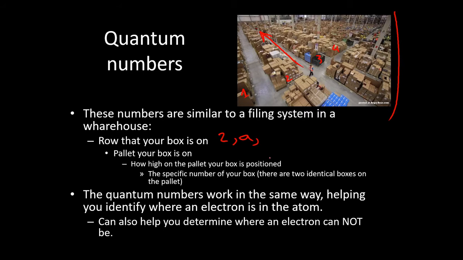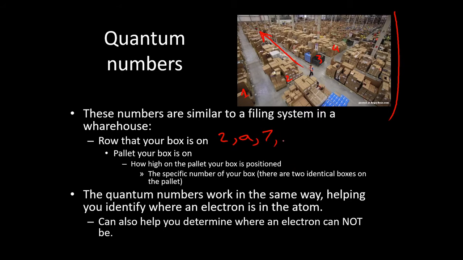So if it's on the floor, or maybe this number is 7, that tells you, okay, it's pretty high up, I should bring a ladder to get that box, because I'm not going to be able to reach that. And then the last number just tells you on that specific shelf, if you will, on that pallet position, which specific box you're looking for.